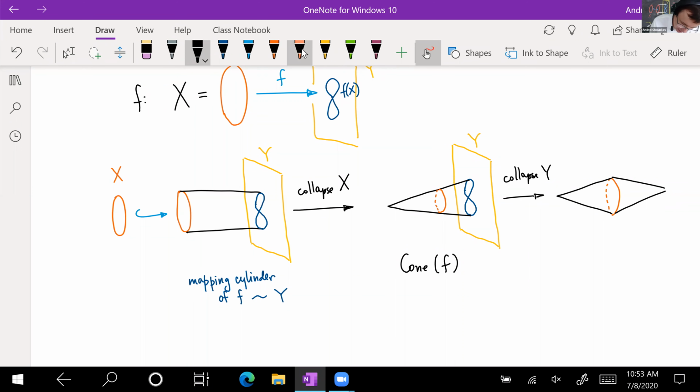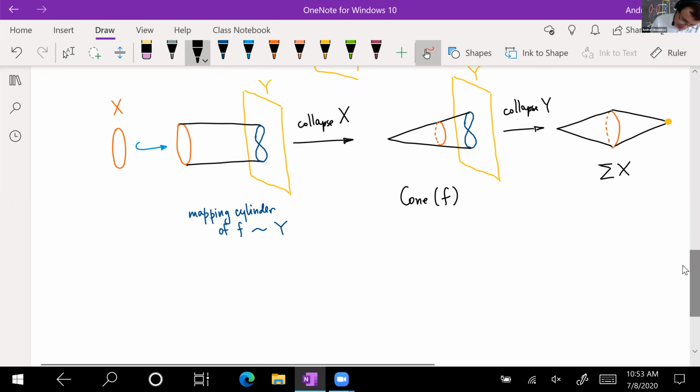This is what remains of y. And so we get the suspension of x, and then we can continue. So we get natural maps between suspensions. This is just the suspension of y, and so on forever.